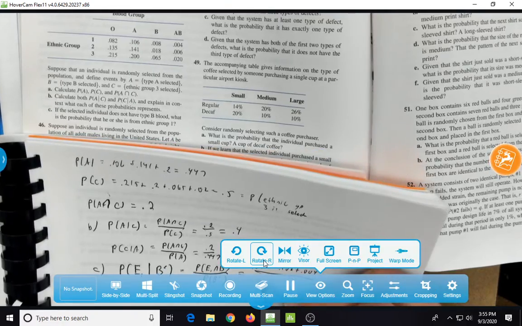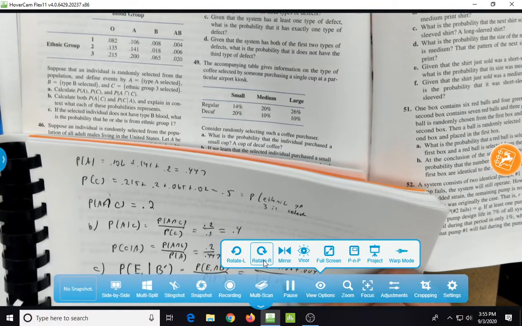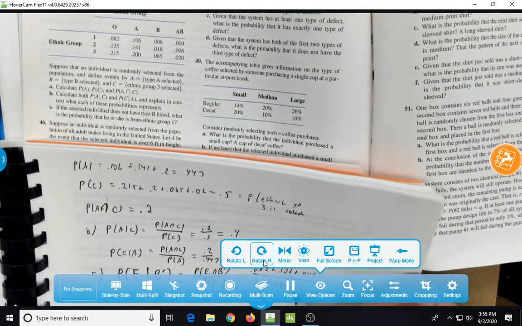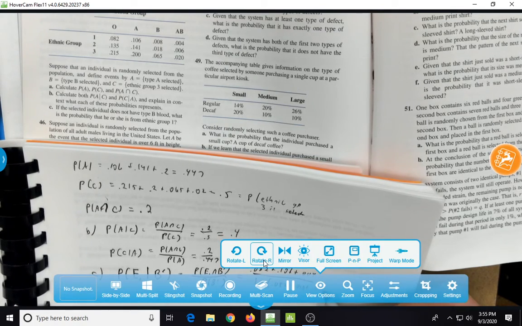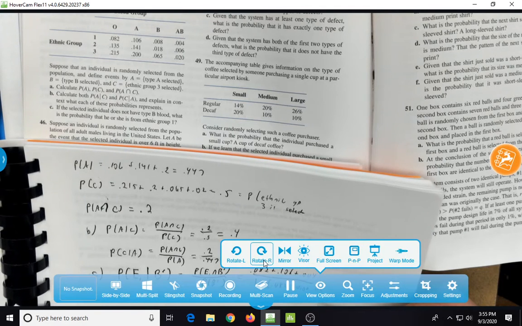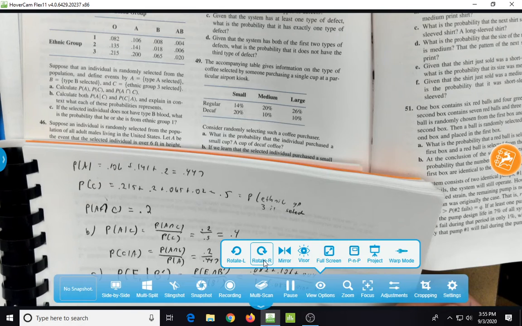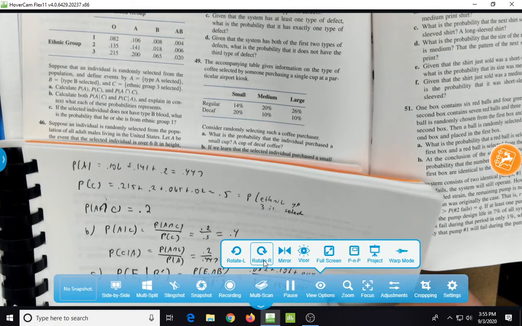And what we could do is just do 1 minus 0.082 plus 0.018 plus 0.65.